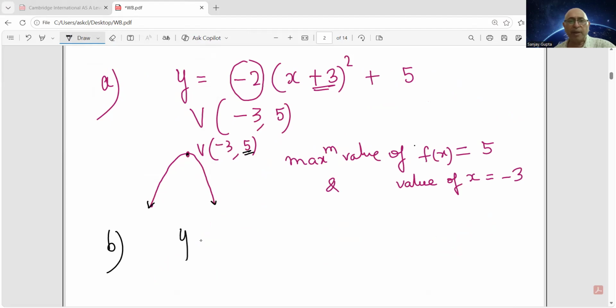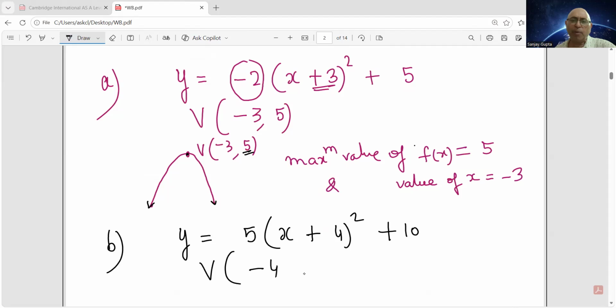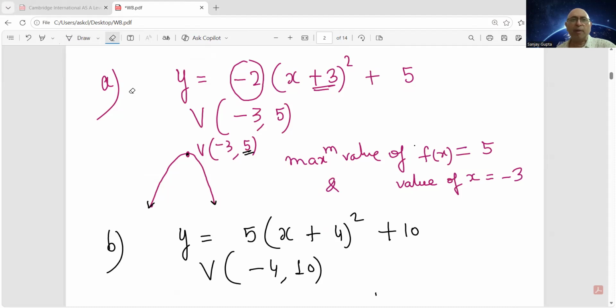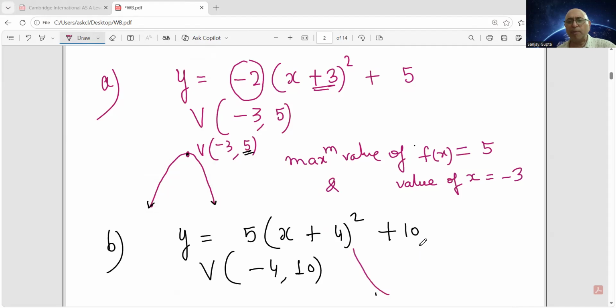And if I take another example, let's say y is equal to 5 times (x plus 4) whole square plus 10, then the vertex coordinates are -4, 10, and we will have a parabola which will have a minimum value, right?